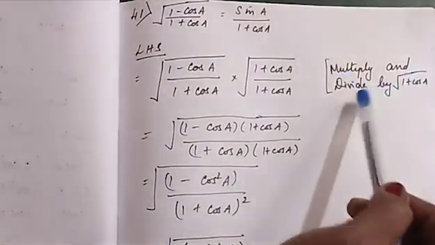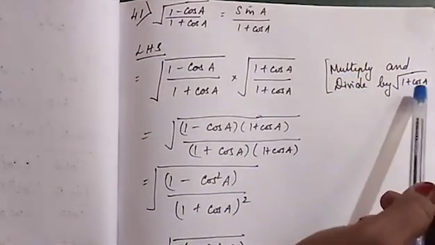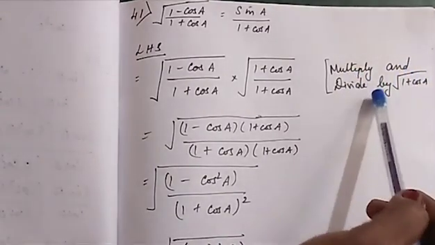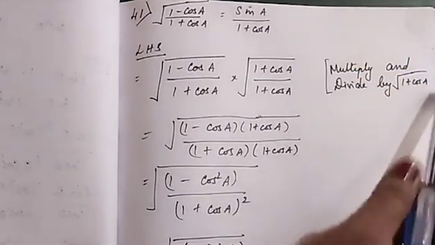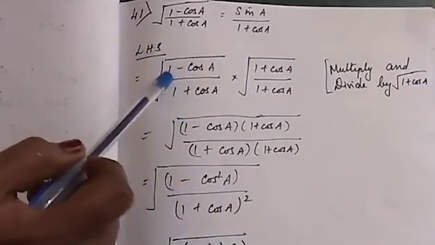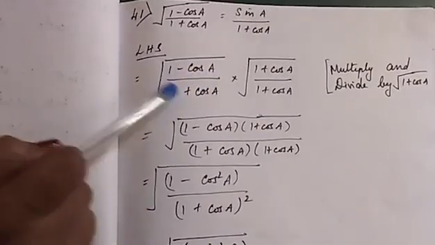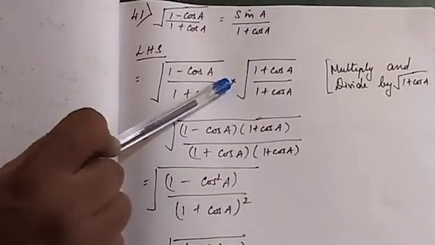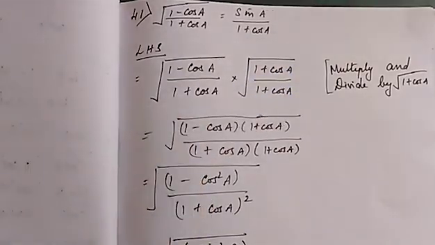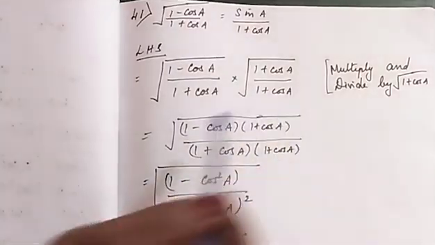Multiply and divide by under root 1 plus cos A. So you will get under root 1 minus cos A upon 1 plus cos A into under root 1 plus cos A upon 1 plus cos A. Now take the under root common.